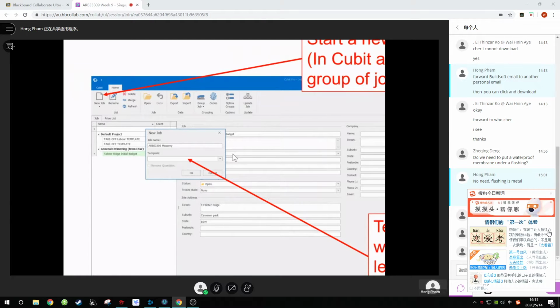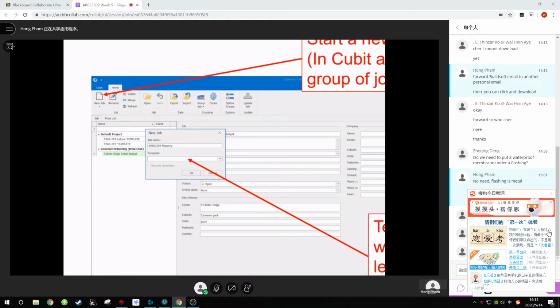So just look out you don't click new project. You click new job, and that will open up the new job screen, and you give it a name. Then you can see all those boxes in the background and put all the details in. I don't usually bother very much with all of those. You just put in your job name and off you go.